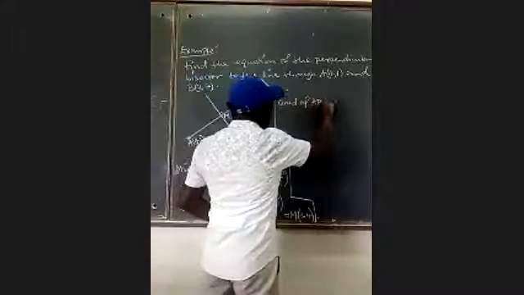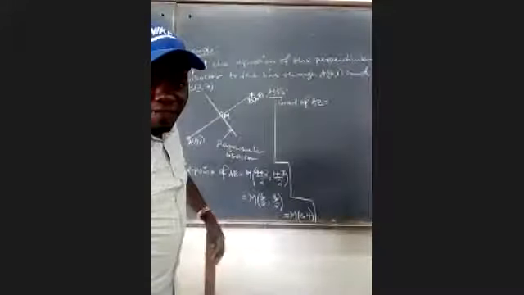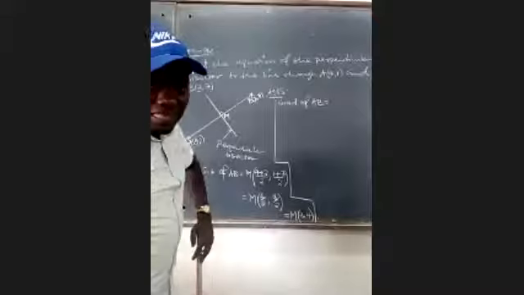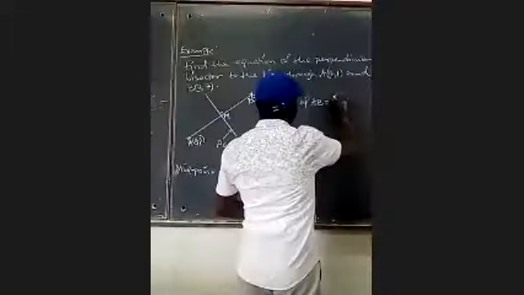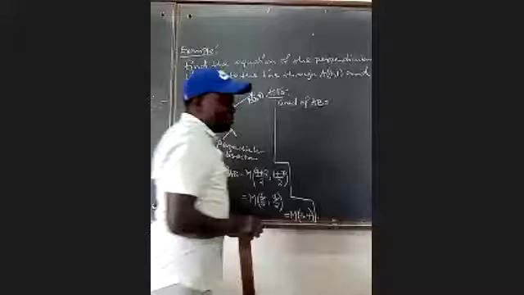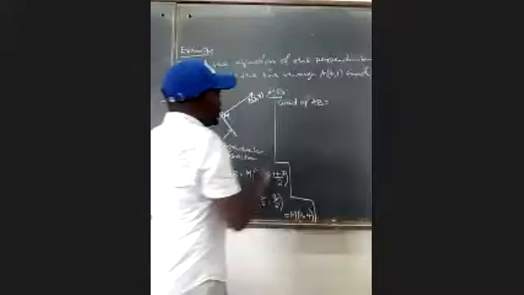So the gradient of AB is what we're looking for first. And remember, to get the gradient, we use change in y divided by change in x. We are looking for the gradient of AB. So it will be, remember, y2 minus y1 divided by x2 minus x1.